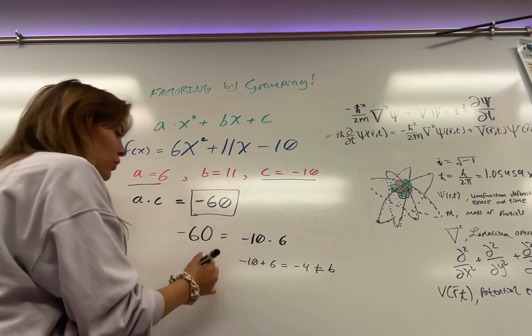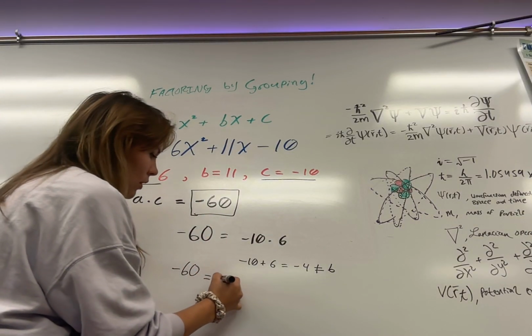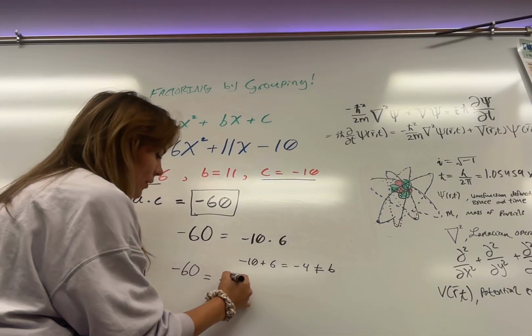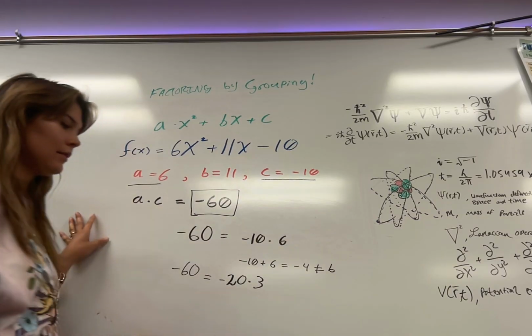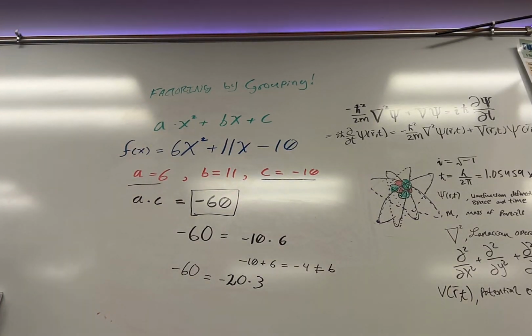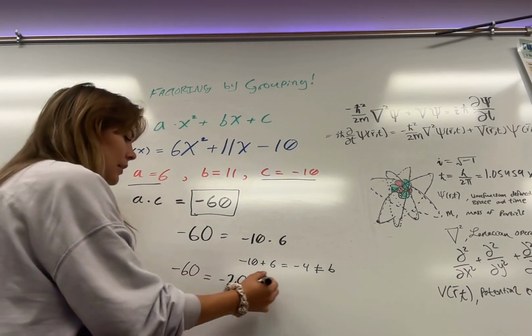Negative 60 is also equal to negative 20 times 3, right? 2, 4, 6, this would be negative 60.